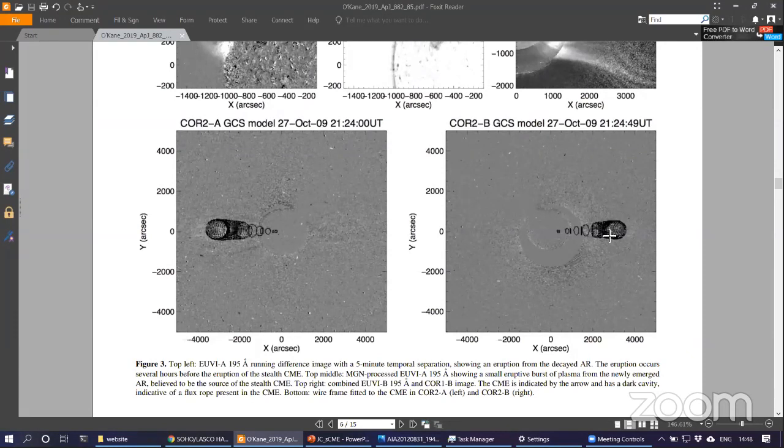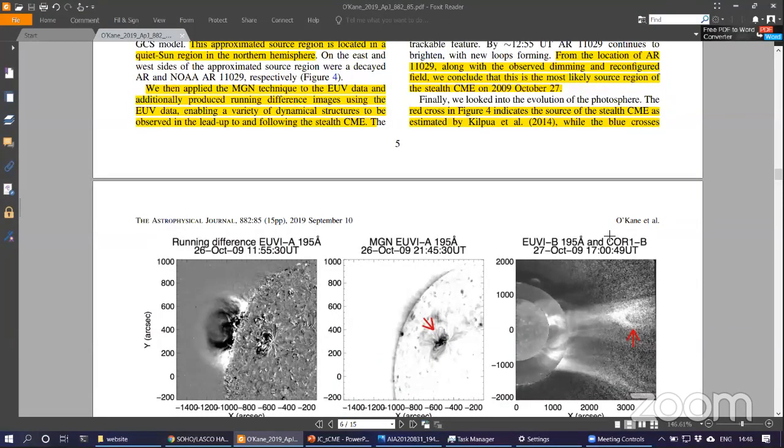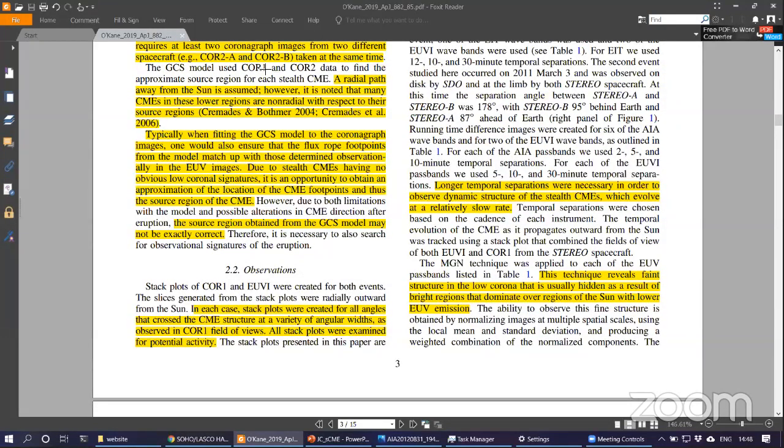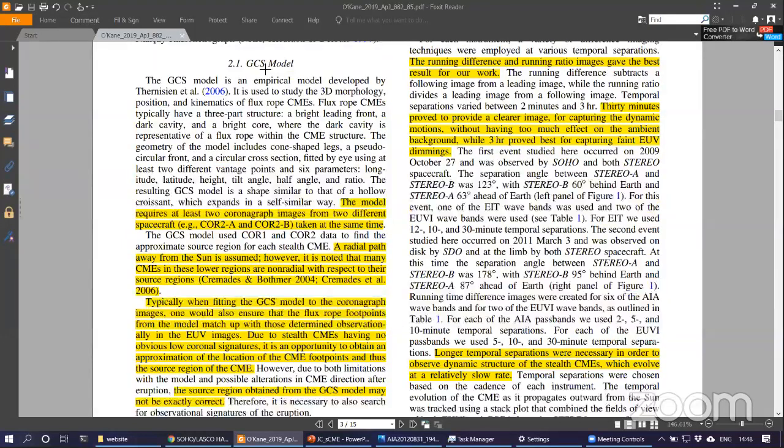It is a kind of visual fitting technique which they have used. Going back to the GCS modeling, that was used to locate or localize the foot points of where the CME can be, because as I have told earlier, stealth CMEs may not have very distinct on-disk features.